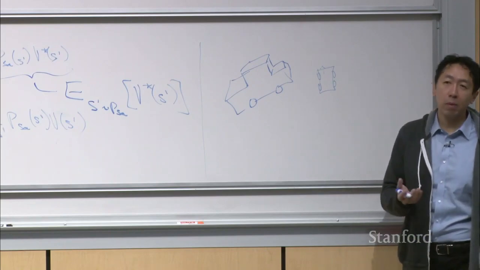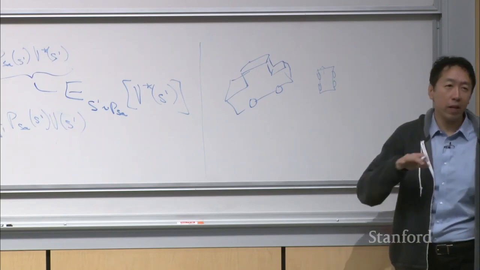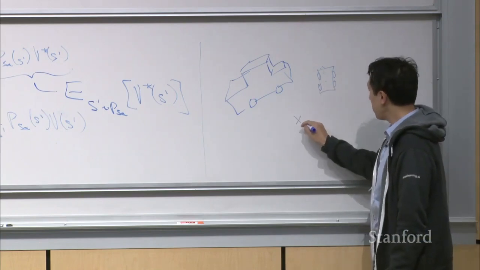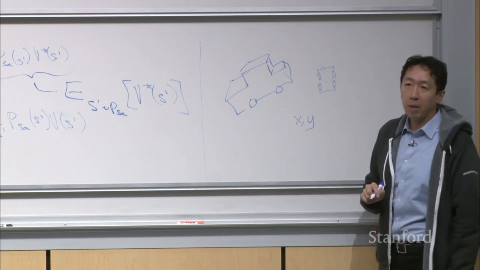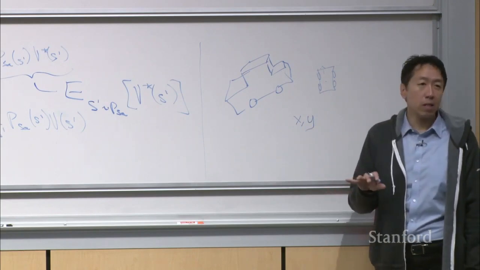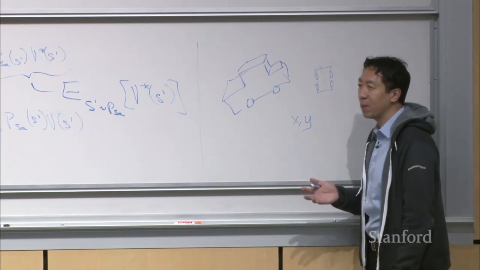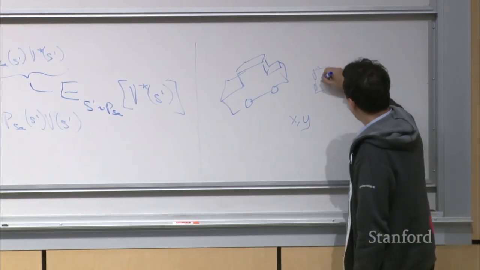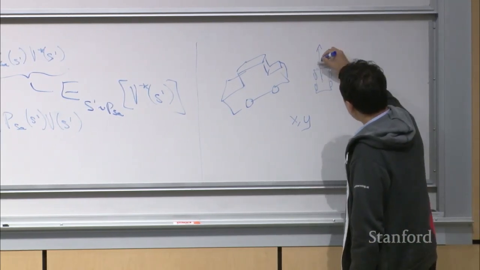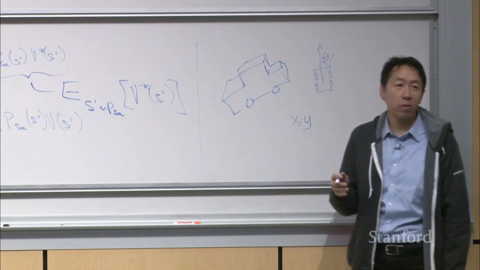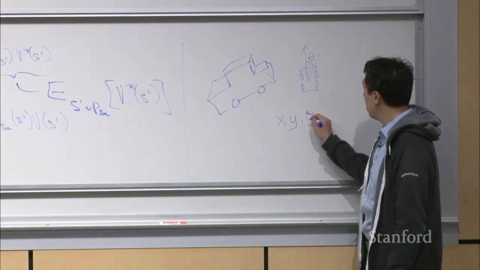Well, a common way to model the state of a car that's driving around on planet Earth is that you need to know the position, which can be represented as x comma y, two numbers representing longitude and latitude or something. You probably want to know the orientation of the car, maybe measured relative to north.